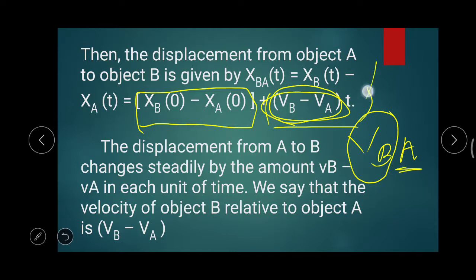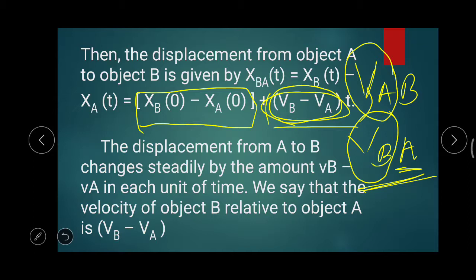As well, VAB, the velocity of A with respect to B, will be equal to VA minus VB, and VB minus VA is the relative velocity of B with respect to A, represented as VBA. Okay, so the displacement from A to B changes steadily by the amount of VB minus VA in each unit of time.